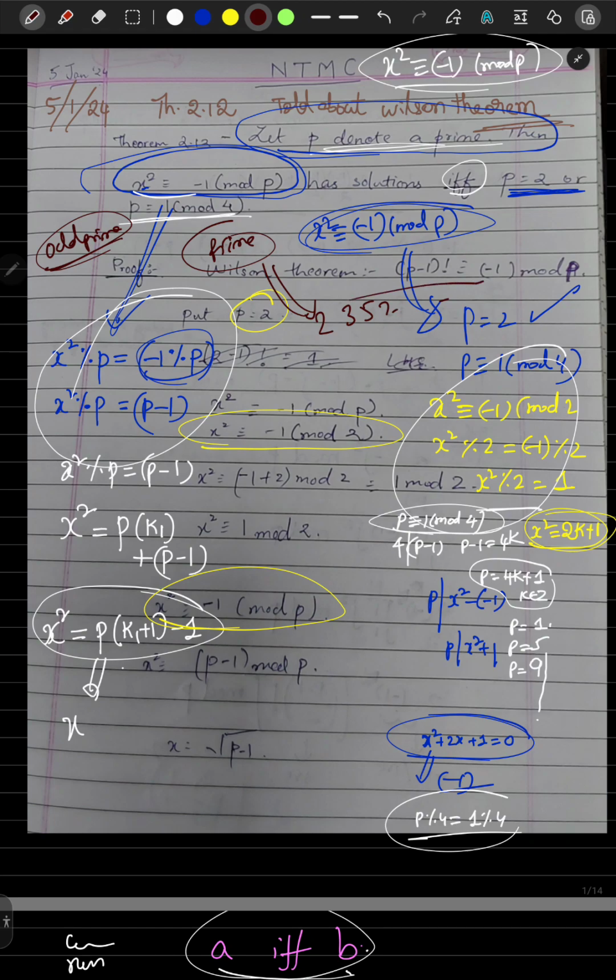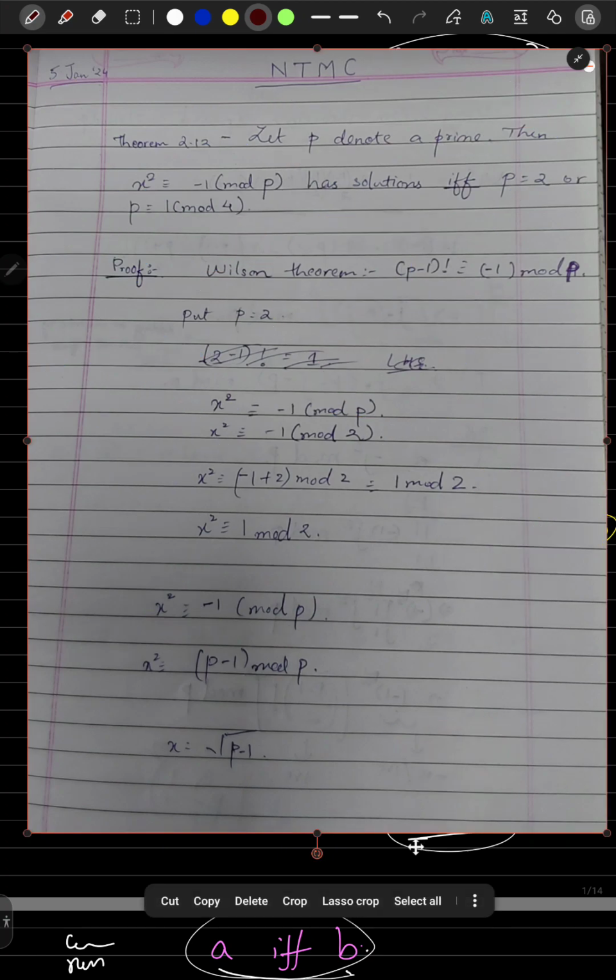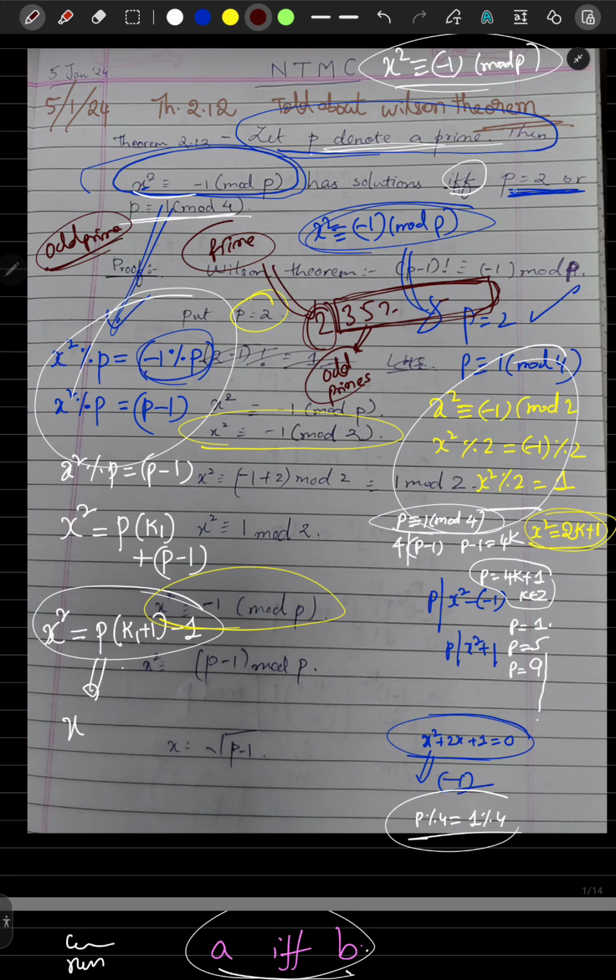Prime numbers are odd except 2. So these prime numbers are known as odd primes. Odd primes just means that they exclude 2. Some people call it like that. So this is p equals 2, or an odd prime congruent to 1 mod 4.